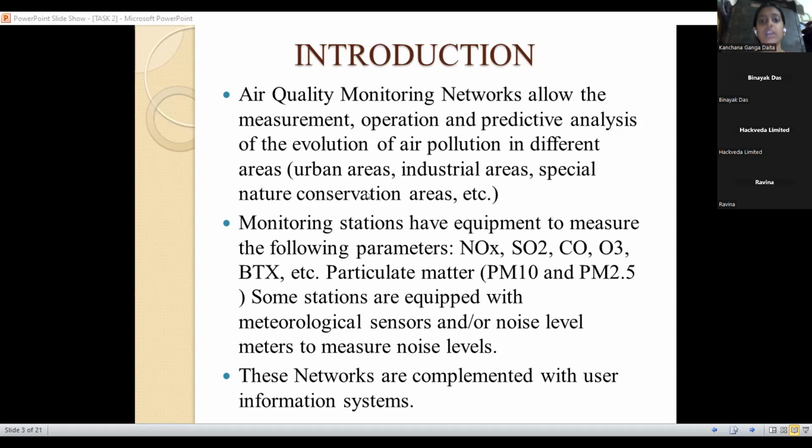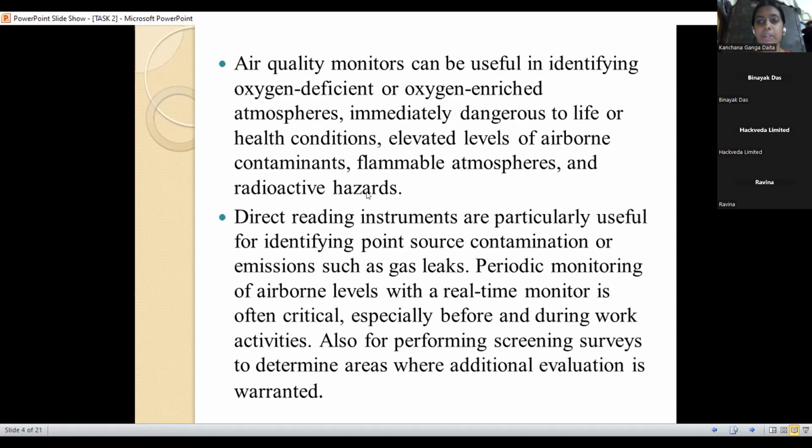Next thing is, air quality monitoring systems can be useful in identifying oxygen deficient or enriched atmospheres. As I already said, any under or over levels of gases in the atmosphere need to be identified, so that the people around that area, the people who are working there, and the machines which are operated in that area are protected with the required atmospheric gases.